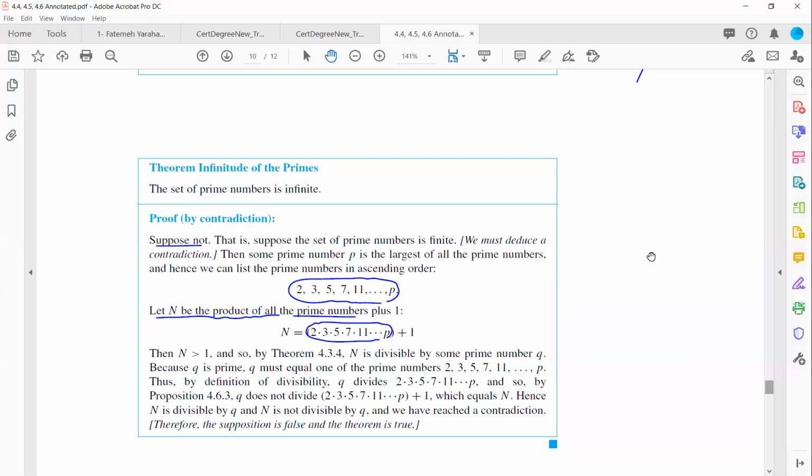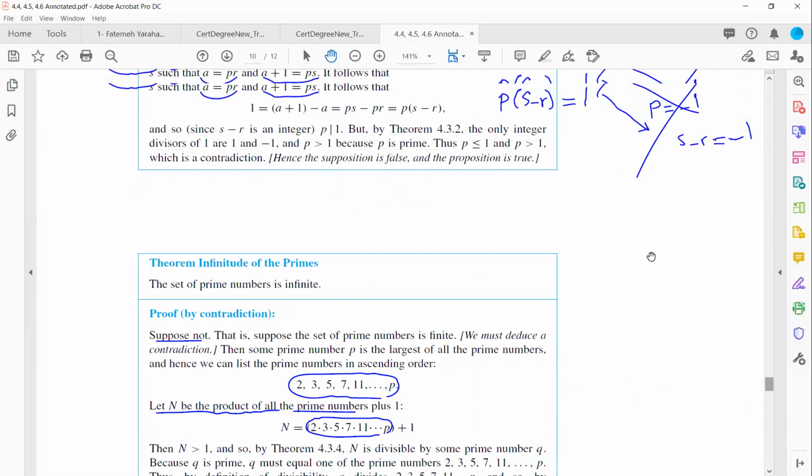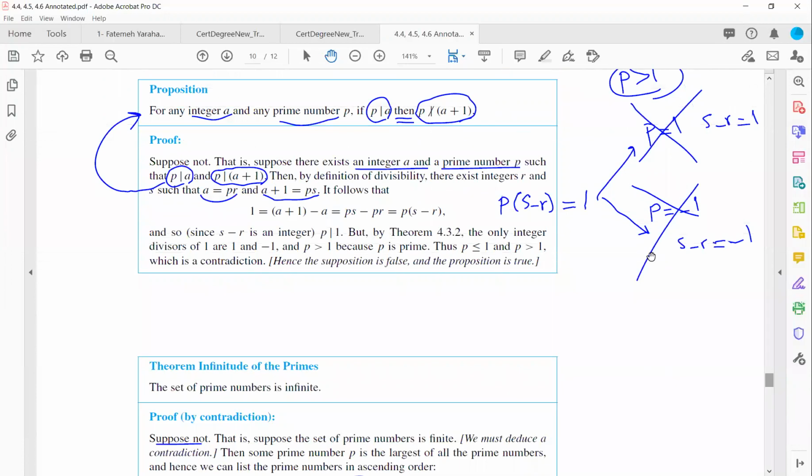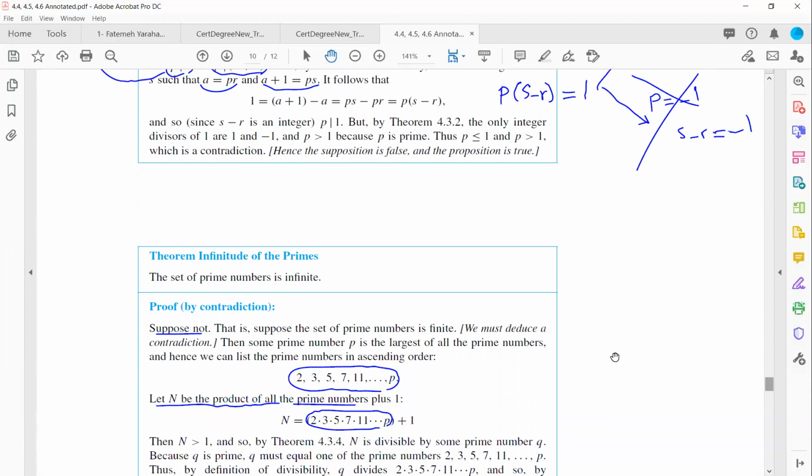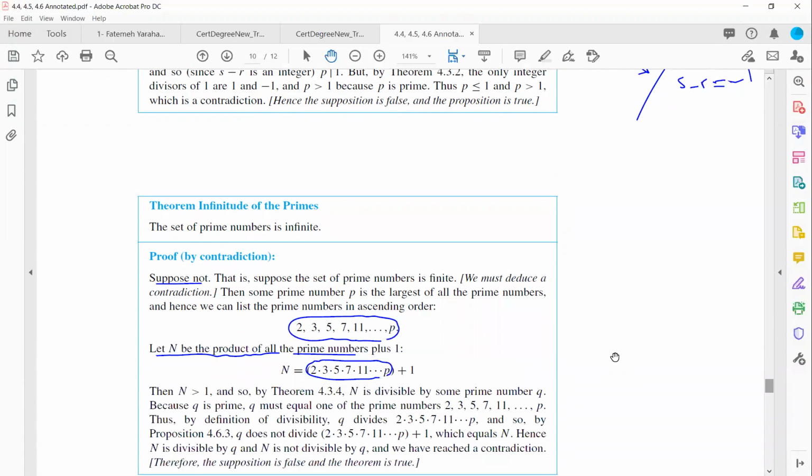Take a look at this. If p divides a, then p doesn't divide a plus 1. You know that p divides 2 times 3 times 5 times 7 because p is a factor of this product. So based on the previous theorem, p cannot divide n.